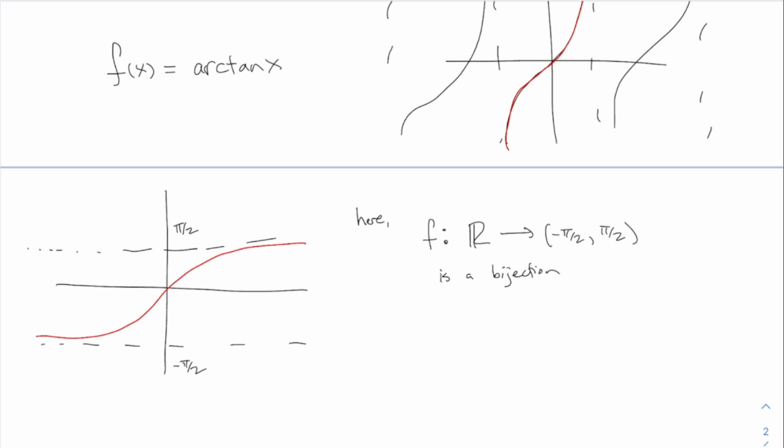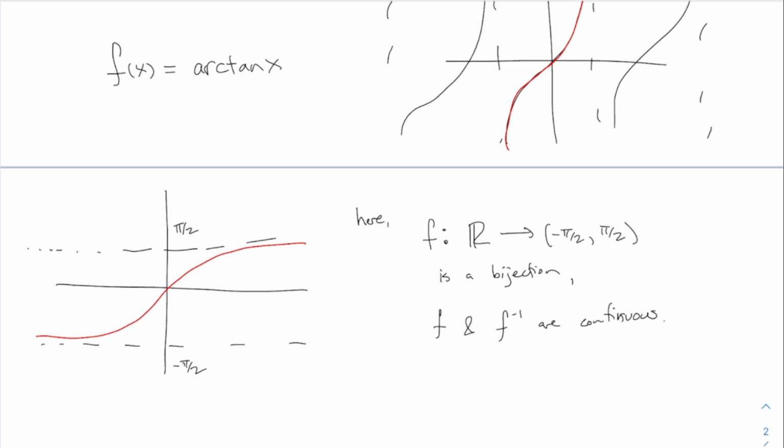And it's also continuous. Everybody knows the arctangent function is continuous. You can tell by looking at the graph. And the inverse is also continuous. The inverse of the arctangent is what you get if you flip this graph back the right way up, and that's also continuous. So f is a bijection, and f and f inverse are continuous.